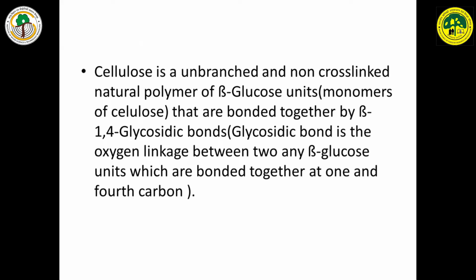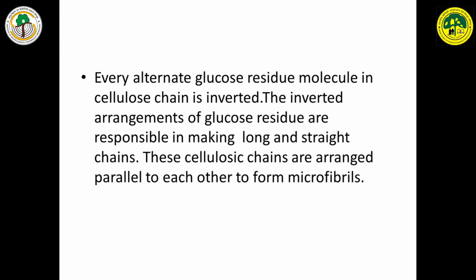The glycosidic bond is the oxygen linkage present between beta glucose residues. In the structure, every alternate glucose residue in the cellulose chain is inverted. The inverted arrangement of glucose residues is responsible for making long and straight chains. These cellulosic chains are arranged parallel to each other to form microfibrils.